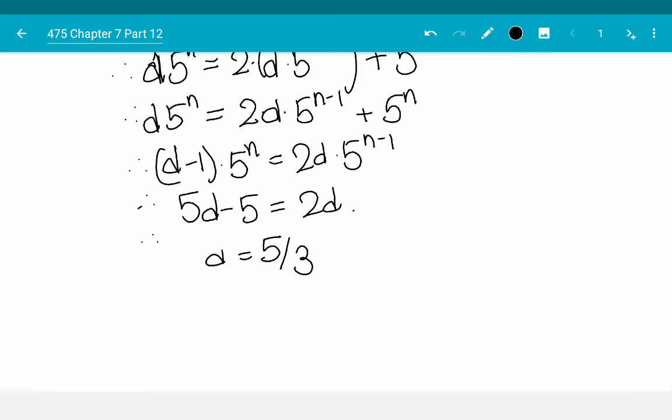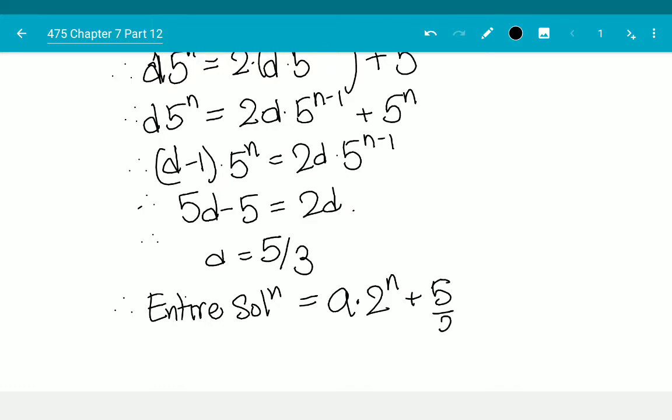Okay, and therefore my general complete solution, or entire solution, whatever you want to call it, I call it entire solution, is equal to a times 2 to the n plus 5 over 3 times 5 to the n.